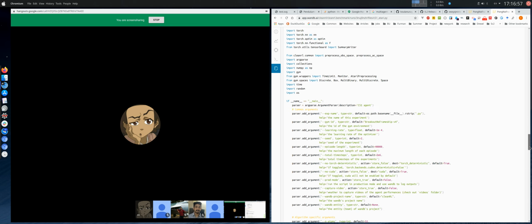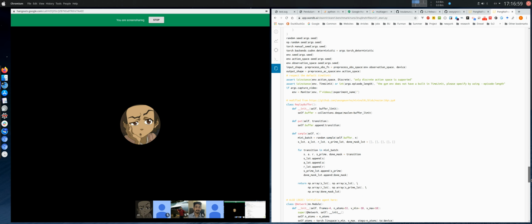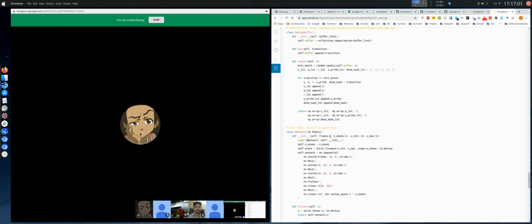So if you look at the implementation and you look at the input layer for the Q network, it's frames equal to 4. So the inputs to the neural network is actually 4 frames times other things.